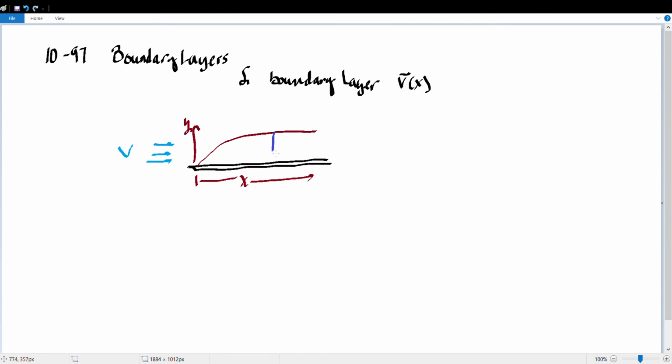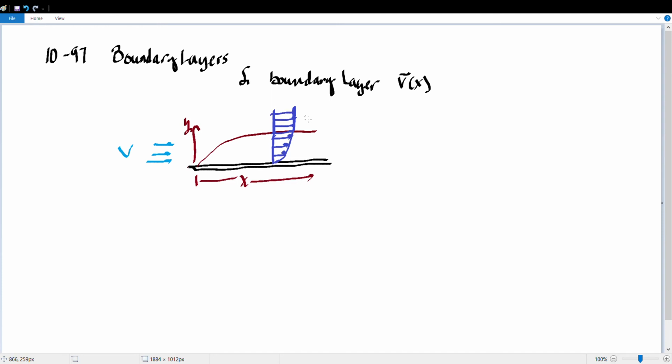You have zero slip at the surface, and velocity going from 0 to some maximum, and then it goes straight up and is basically constant after that. So if you go from 0, there's a function that gives us the profile up to the boundary layer, and then you just have your straight flow this way.